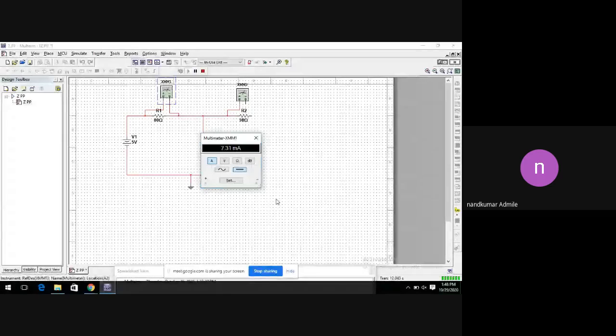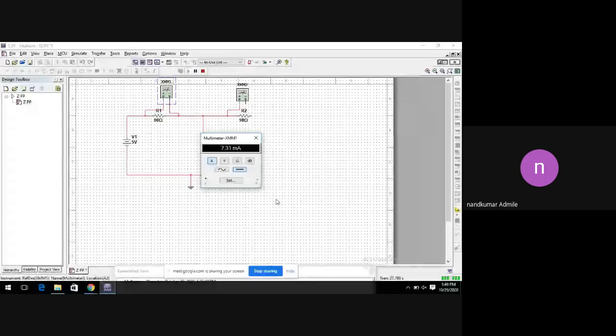By using the multimeter, we can measure the value of current, the value of voltage, and also the values of various resistors. Here we use the multimeter to measure the current, so we have to put the knob of the multimeter on current.